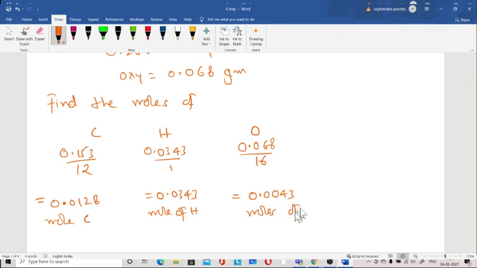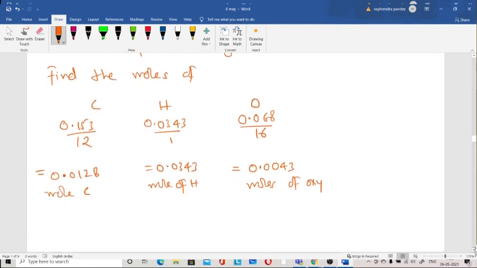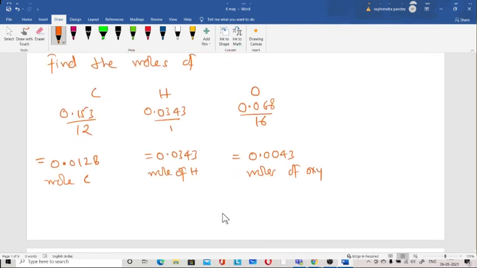Now what is the next step? Tell me the next step, Aparajita. Anybody can tell, no problem. Finding the ratio. So you have to see the lowest number. What is the lowest number here? 0.0043. For carbon we get 3, for hydrogen 8.5, and for oxygen 1.